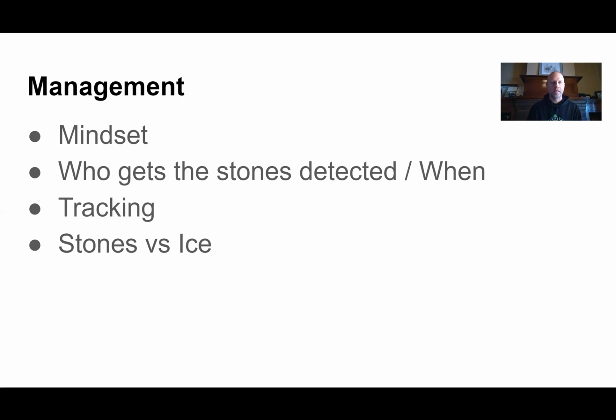Again, just a testament of how important it is to have the technical and the ice reading components to be able to detect these things and keep practicing that skill. And then, of course, very, very important is the stones versus the ice.